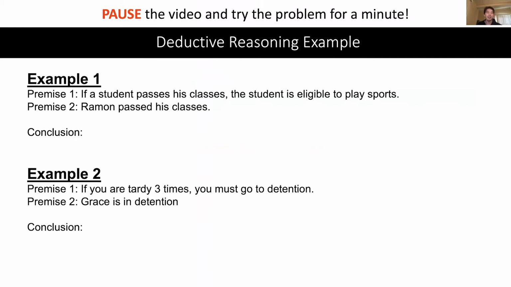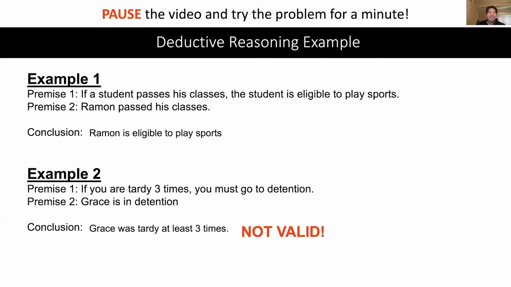All right, welcome back. So the conclusion from number one is something like Ramon is eligible to play sports because of number one and two. Example number one is pretty obvious, but example number two may not be too obvious, because maybe some people have said Grace was tardy at least 3 times, but guess what? This is not a valid conclusion.